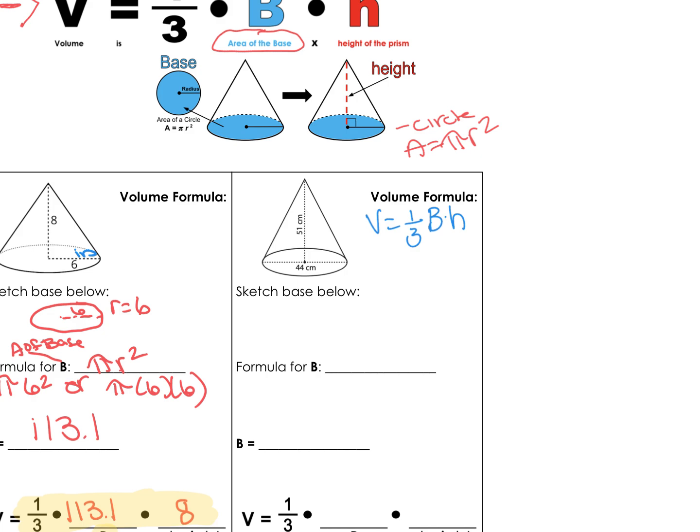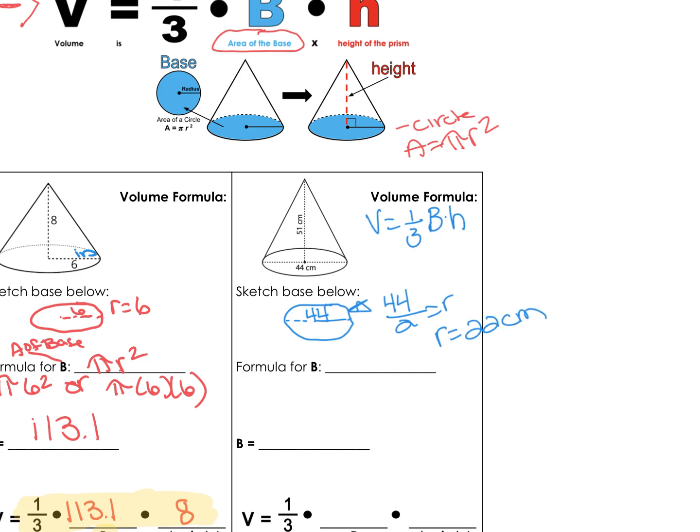So if I sketch my base below, it's a circle. Right, and it has 44. Now I'm recalling that it gave me diameter. Okay, so I need radius. So if I take 44 divided by 2, I'll get the radius. So my radius is 22 centimeters.